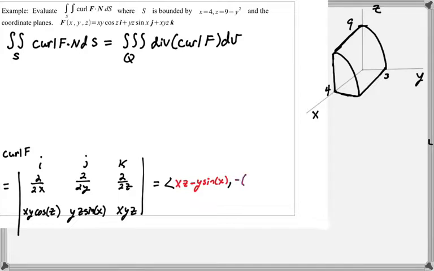And remember the k component, I'm sorry, not the k component, the j component is going to be negative. Cover up the j column. Partial derivative with respect to x of xyz is going to be yz, minus the partial derivative of xy cosine z with respect to z will be a negative xy sine of z. Okay, so yz minus negative xy sine of z.